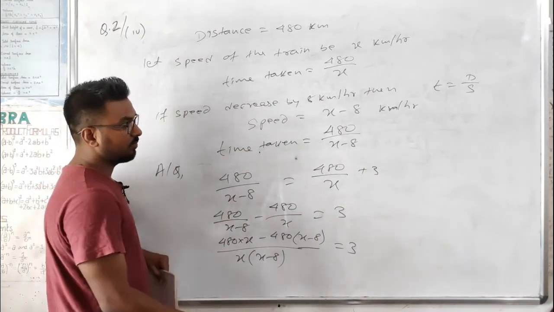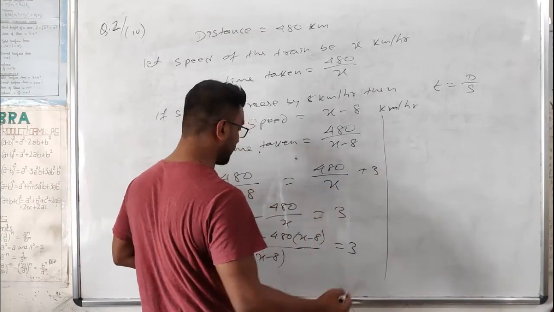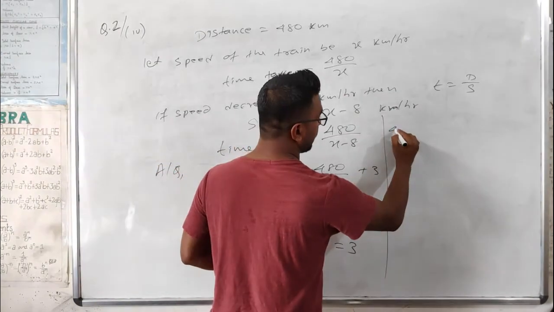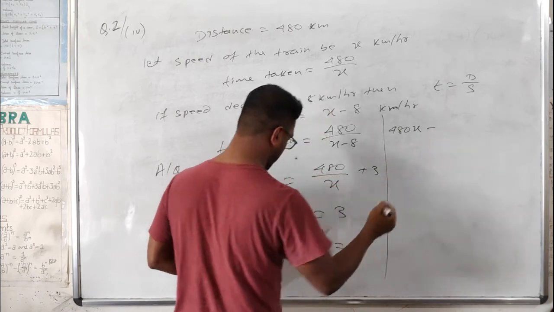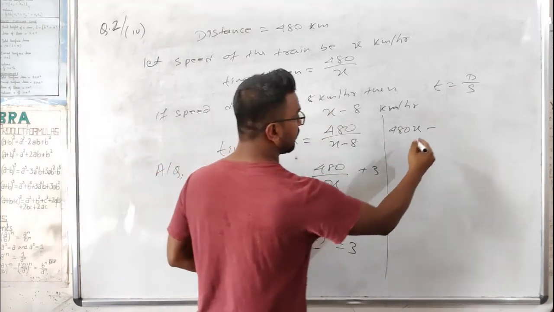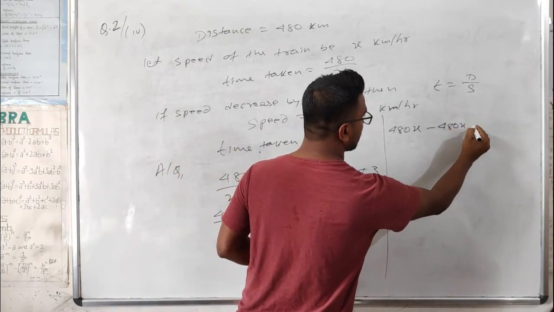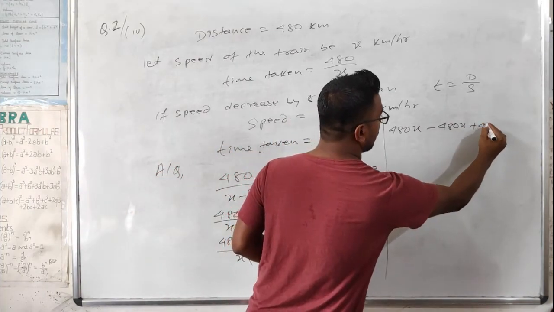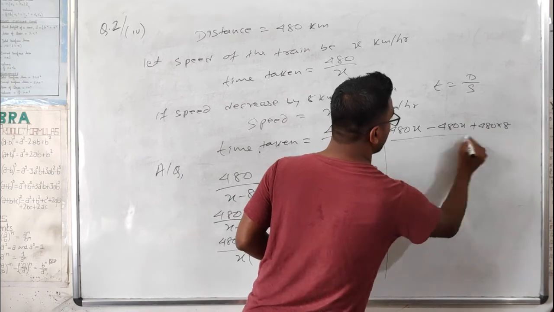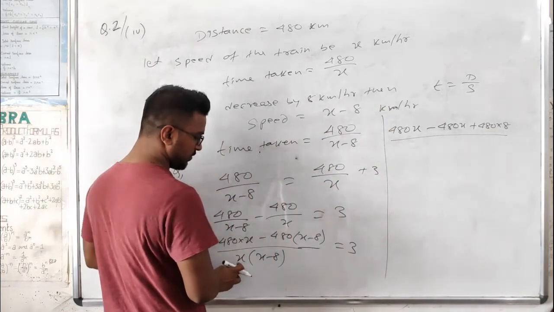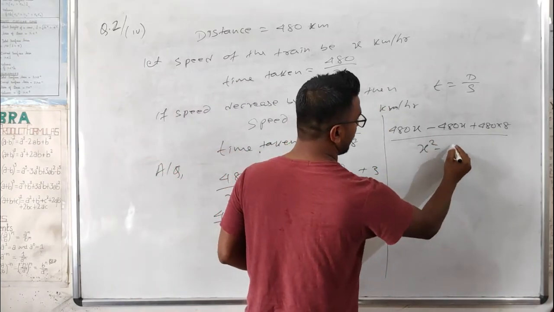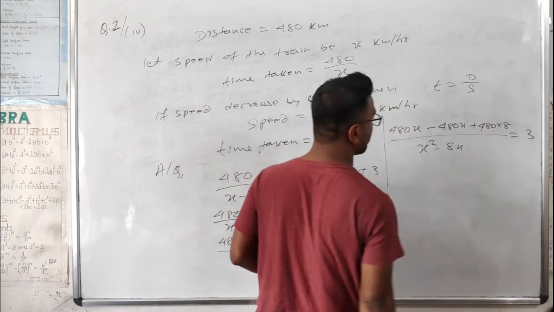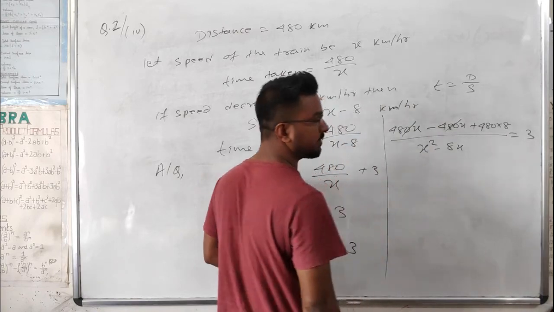Fine. Let me multiply this one. If you multiply, you will get 480x minus 480x, and minus minus will become plus. So 480 into 8, divided by x square minus 8x equals 3. Fine. This and this will get cancelled.